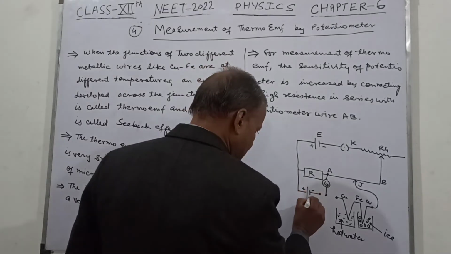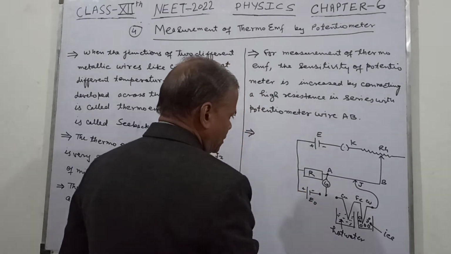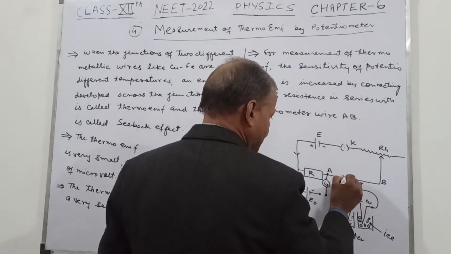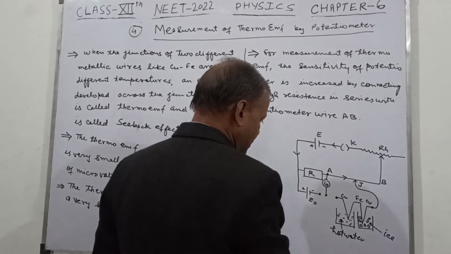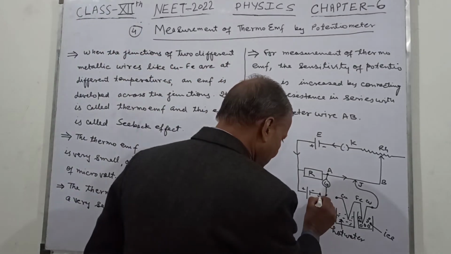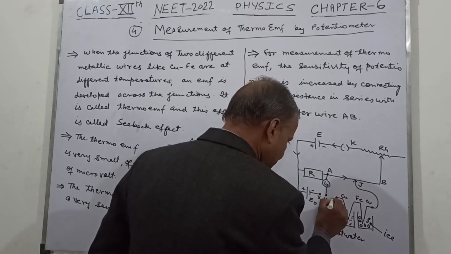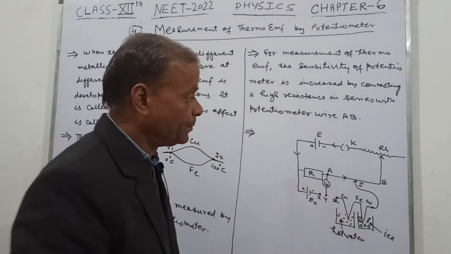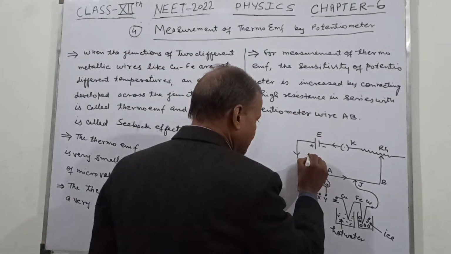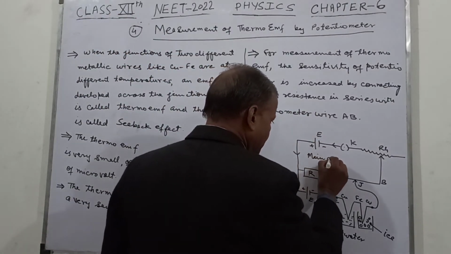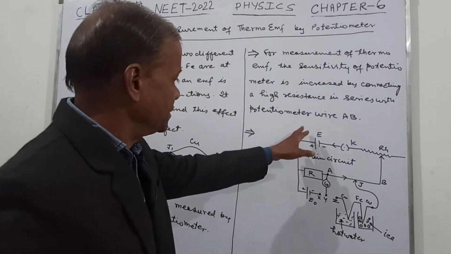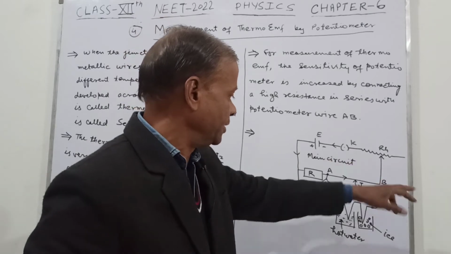Here the current is passed in the circuit. This is your X, Y and Z, a two-way key. This is the circuit diagram. This is the main circuit, as it is: the battery, the key K and rheostat.